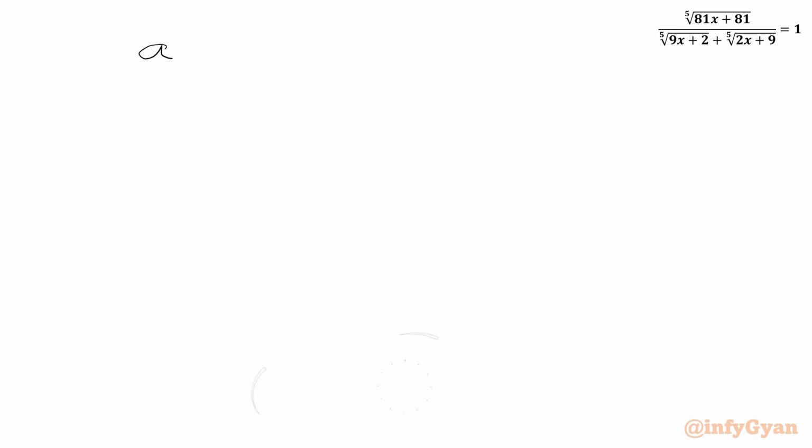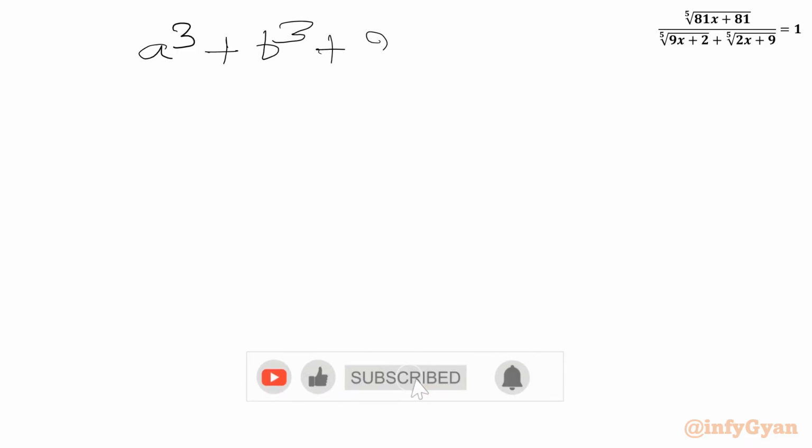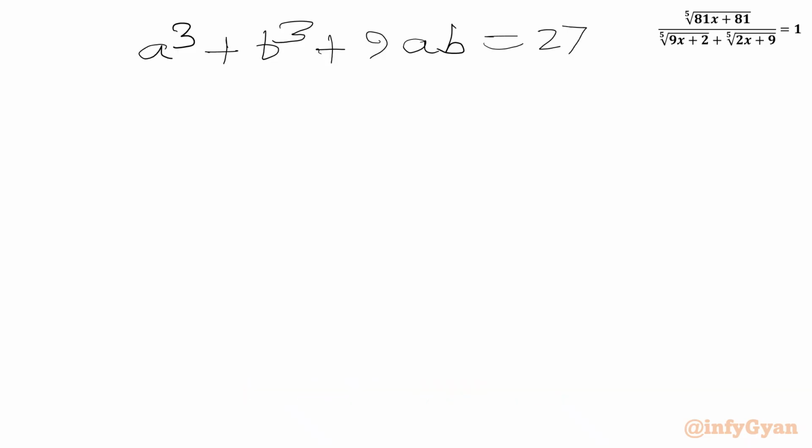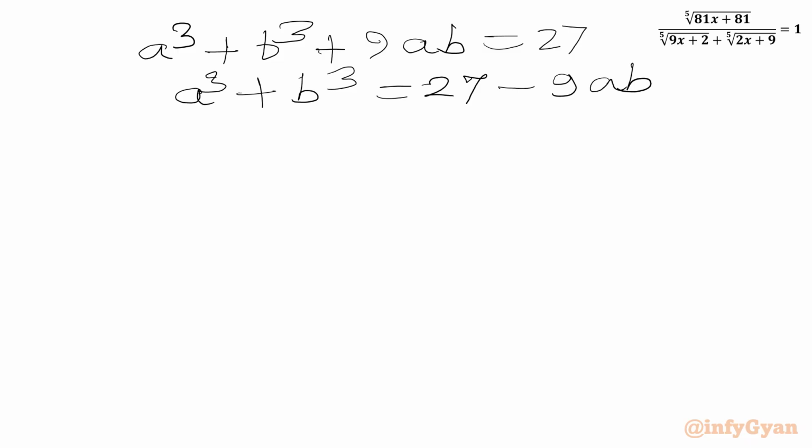Or we can write the a cube plus b cube value equal to 27 minus 9 times ab. Now I can take 3 common out. So in the bracket I can write 9 minus 3ab. Now I will write our formula once again.